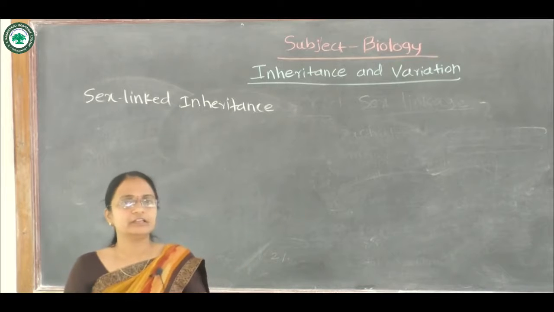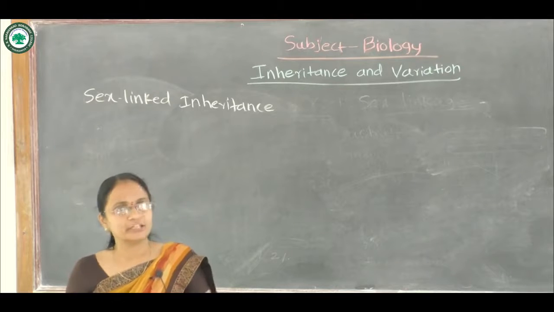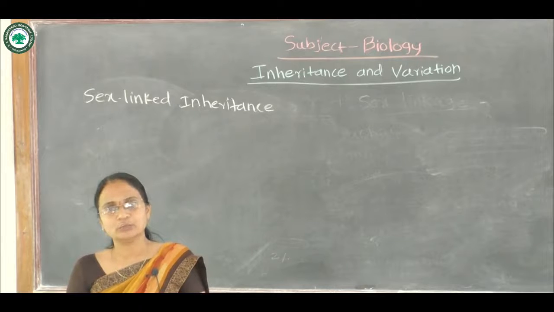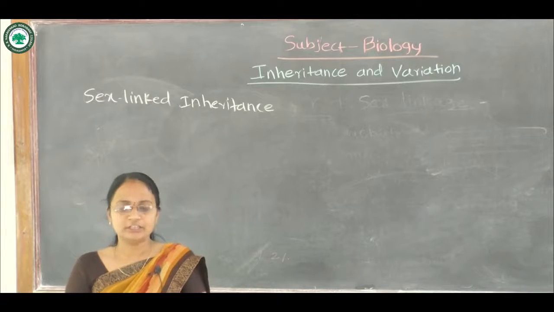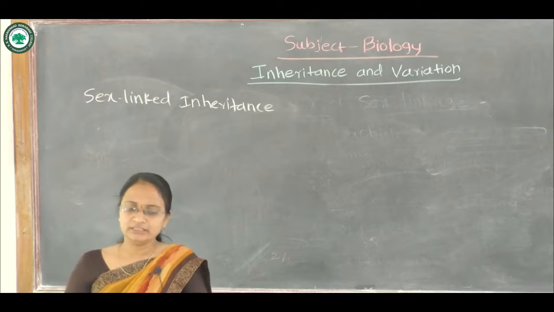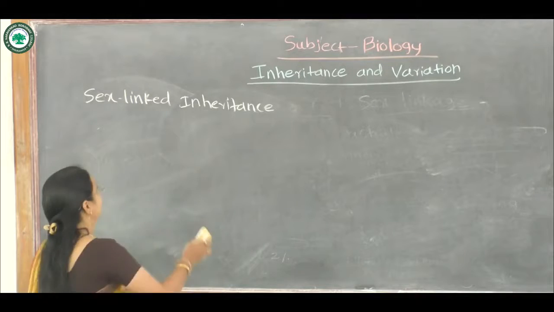Now we have seen the examples related to complete sex linkage and incomplete sex linkage, that is, which genes or which linkage is responsible for carrying some disorders. Now let's take the example related to X-linked genes, that is color blindness.